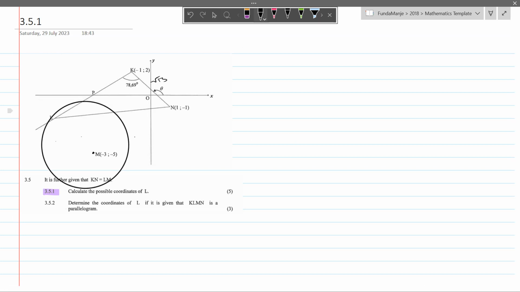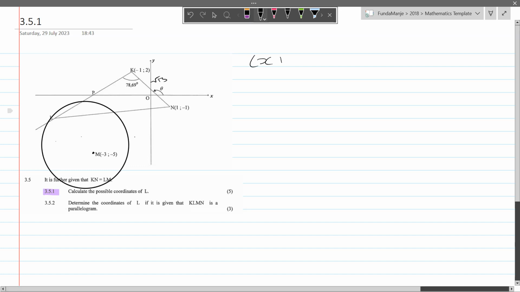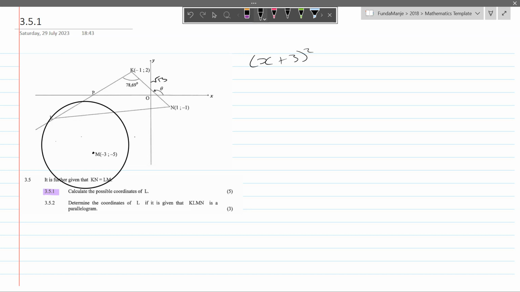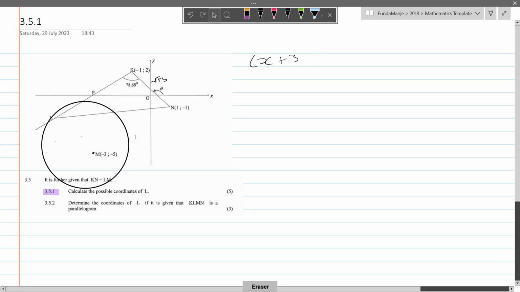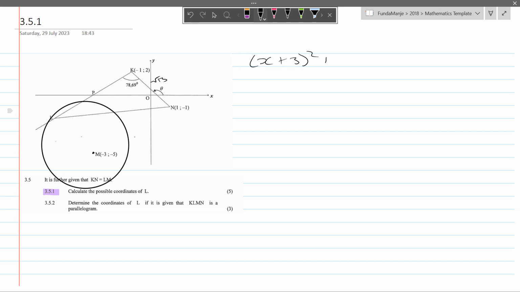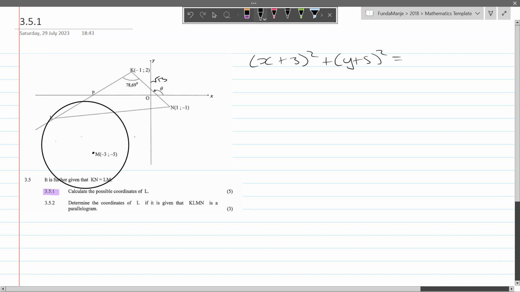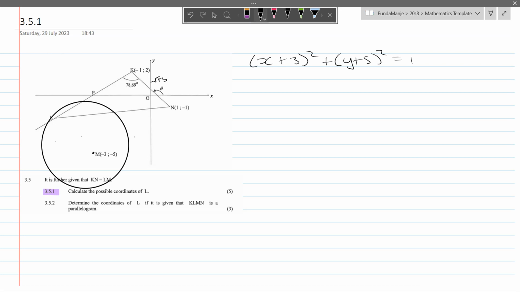the line KL. So this circle, if we were to write it in equation form, would be (x plus 3) squared plus (y plus 5) squared is equal to 13, since our radius is root 13, so radius squared is just 13.